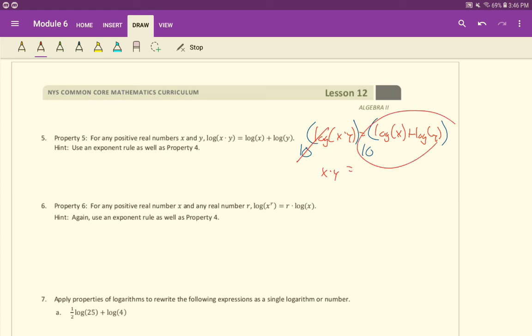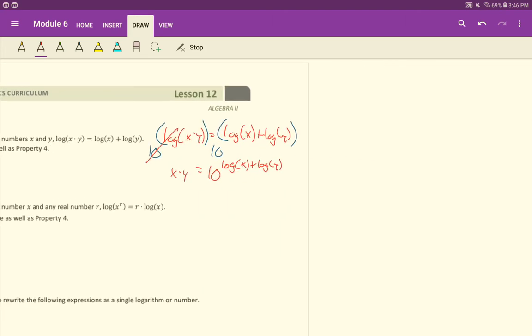Okay, and then in this situation, I'll take a little bit more steps here. If we have 10 to the log of x plus log of y like that, but remember the exponent properties here, that if we have something like 10 to the third plus 4, that's the same thing as 10 to the third times 10 to the 4, right? Typically we go from this direction and arrive at this.